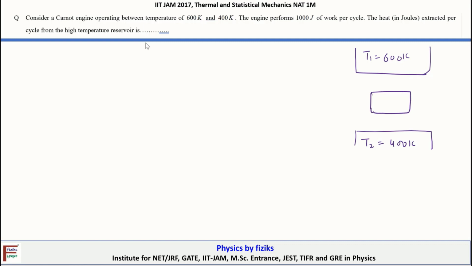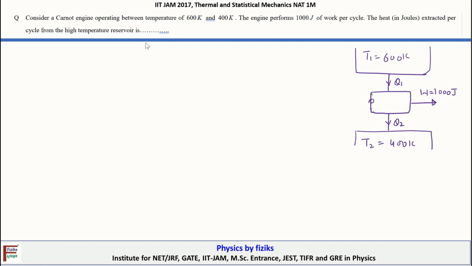The work output per cycle is W, equal to 1000 joule. Let's say that during each cycle it extracts Q1 amount of heat from the upper reservoir, and delivers Q2 amount of heat per cycle to the reservoir at low temperature.